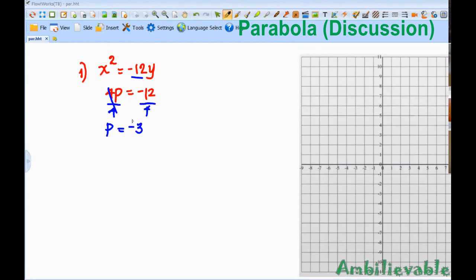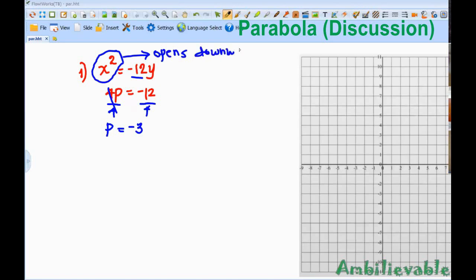Left, right, up, or down? Down, sir. Okay, because it is x squared, the parabola opens downward.